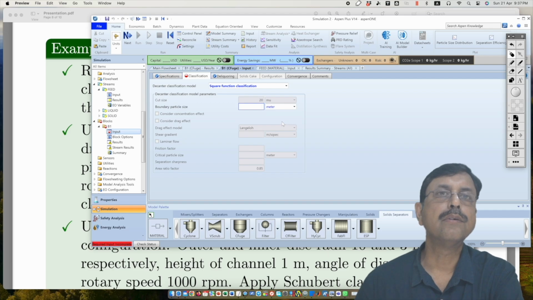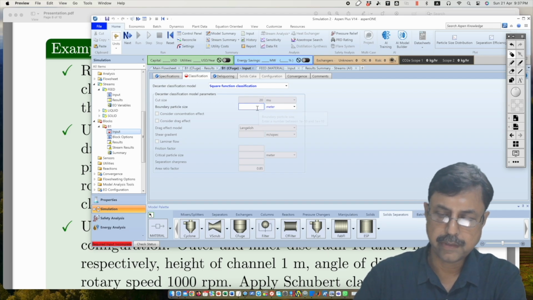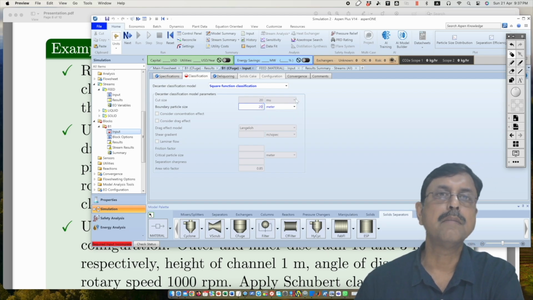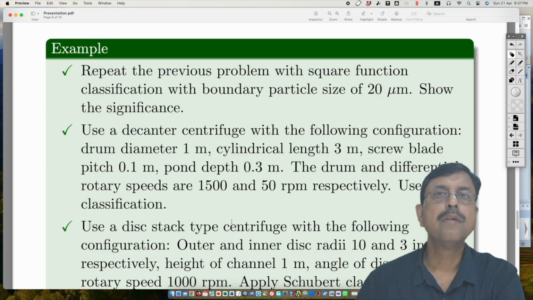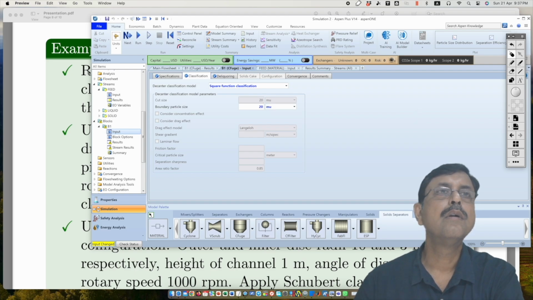So instead of cut size, it is saying 20 micron. Yeah. So let us run it and check the result summary.